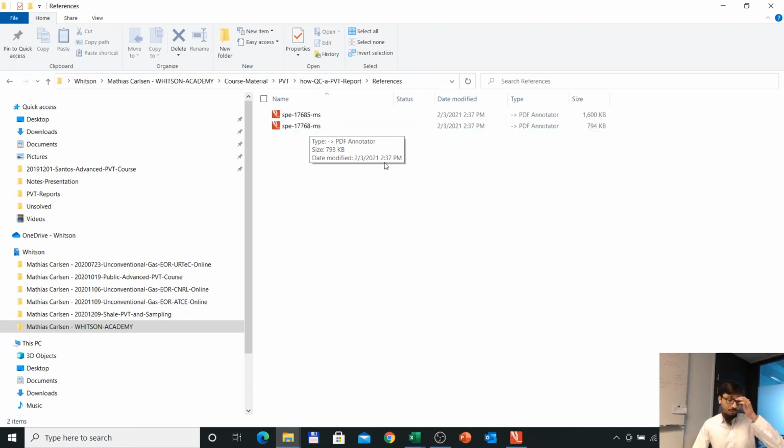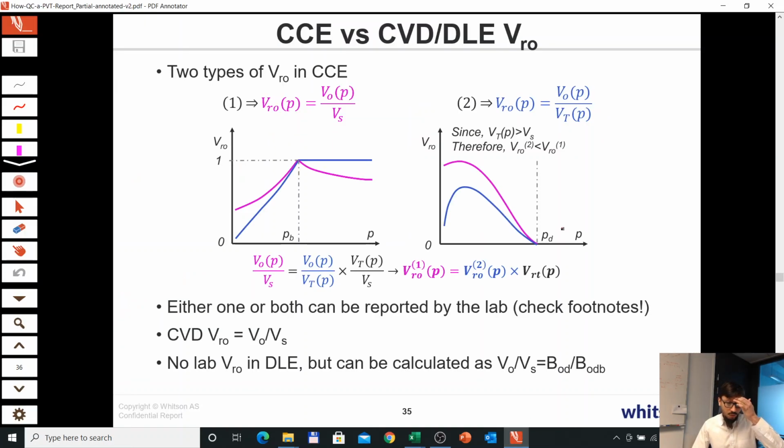Okay, so with this we can talk about this new QC where we will be comparing the data from the different experiments and checking for consistencies.